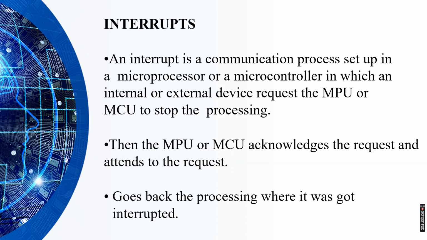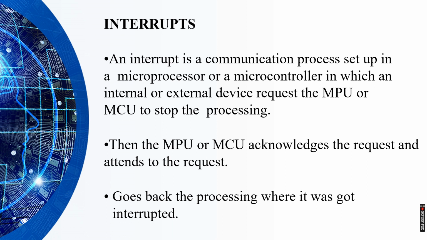Then moving forward we have interrupts. An interrupt is a communication process set up in a microprocessor or a microcontroller in which an internal or external device requests the MPU or MCU to stop the processing. Interrupt makes sure that the process is stopped at the time it receives the signal to interrupt.